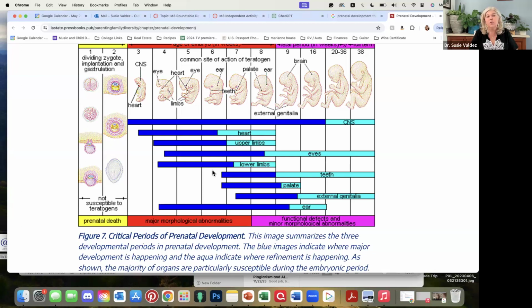Okay, so you want to really be attentive to what you're putting in your system during this time, because this is the most important. Prenatal is very, very important, and it's going to determine a lot of developmental consequences later in life. So it's a very critical period.